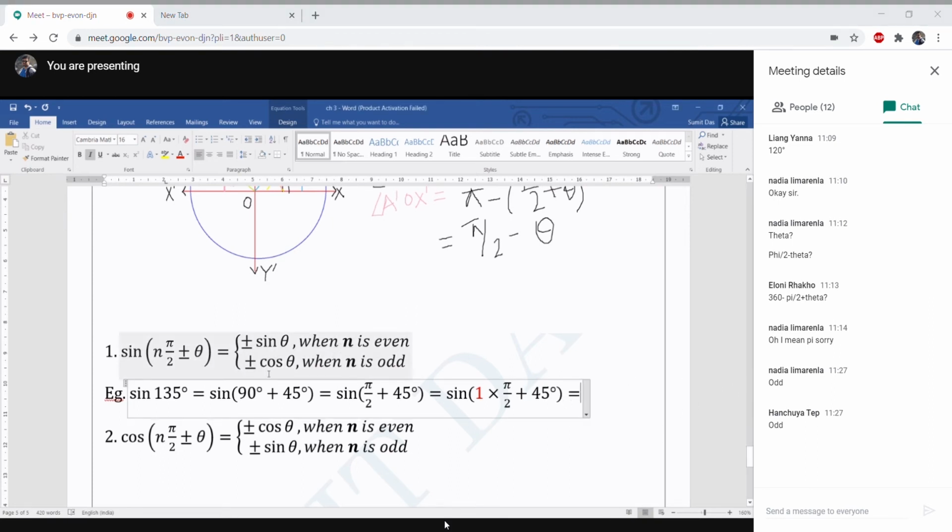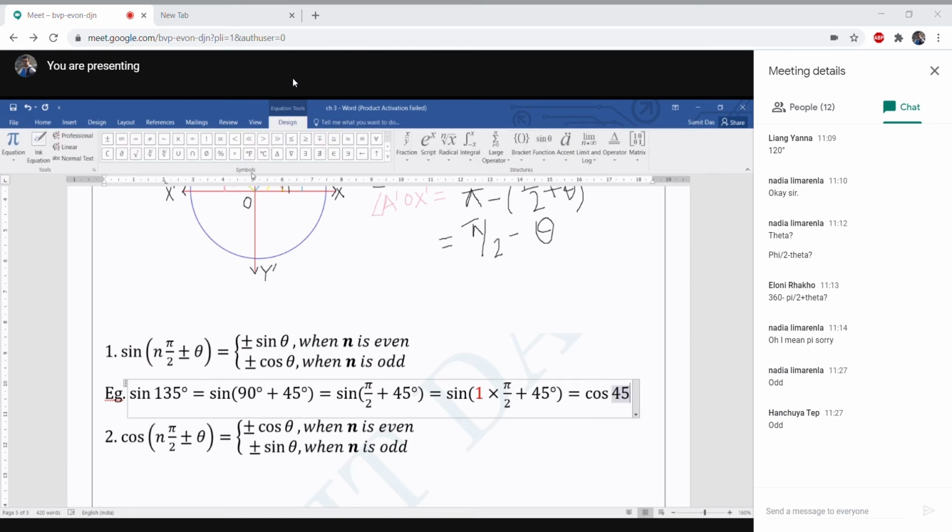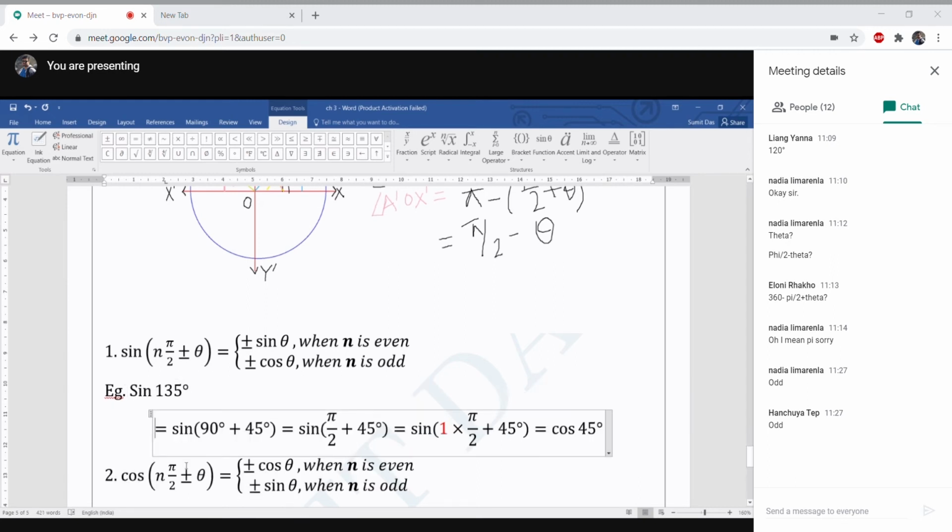This will be cos 45 degree. Why 45 degree? Because here theta is 45 degree. Am I clear?